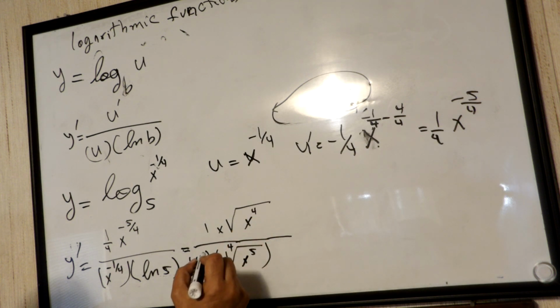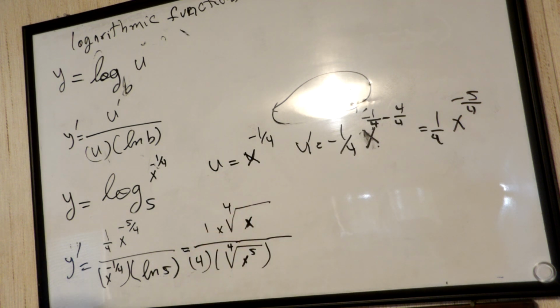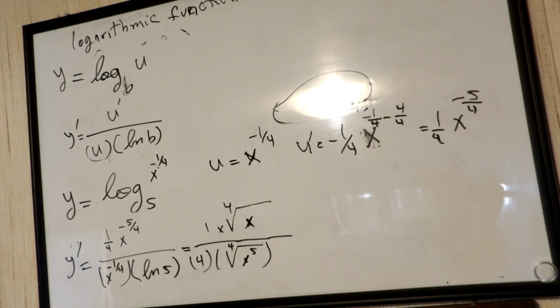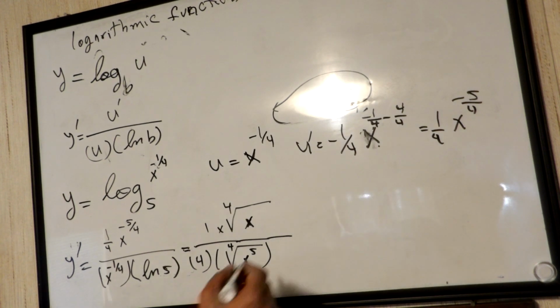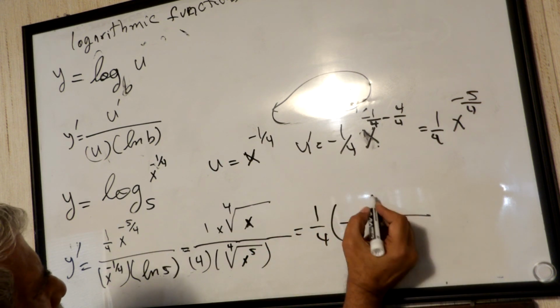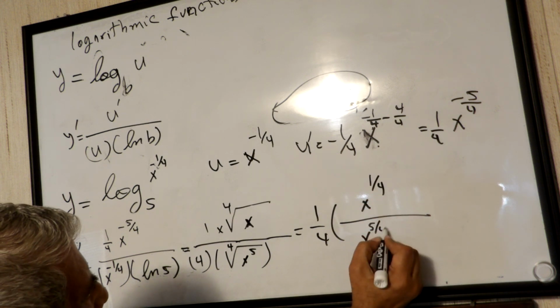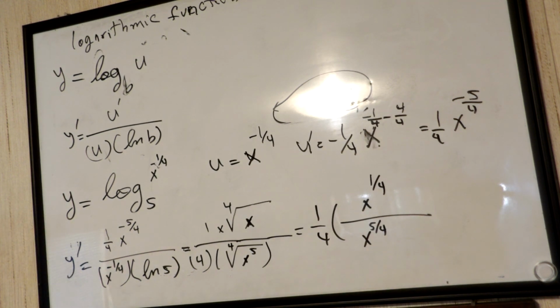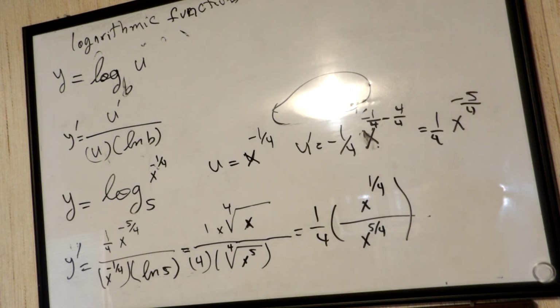And then you can simplify this one. If you have the division, it's like 1 over 4 times x to the power of 1 over 4 over x to the power of 3 over 4; the exponents are going to be subtracted, and you learned this before.